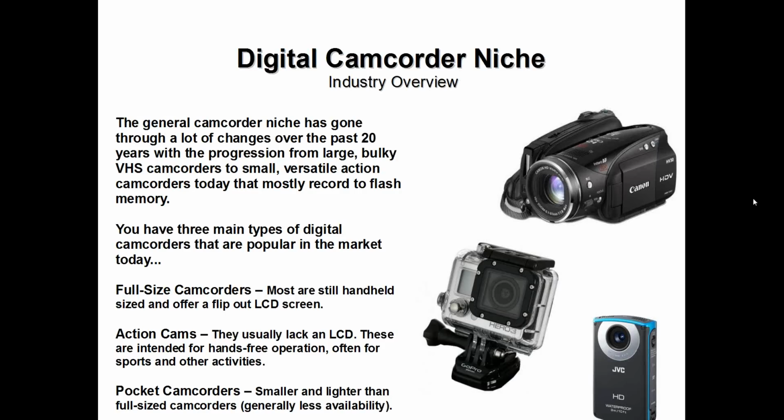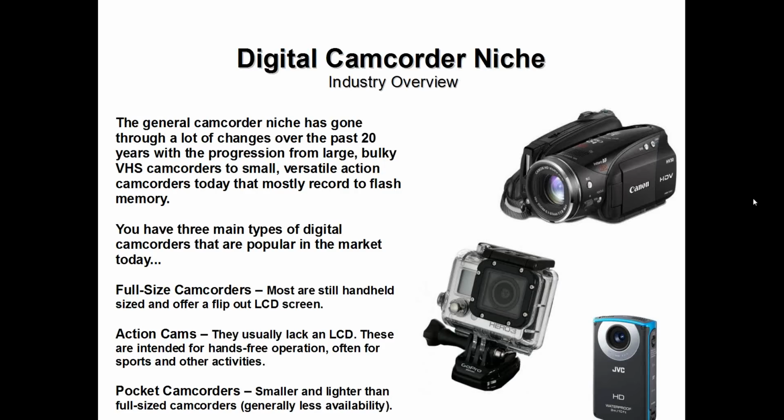Now I also want to talk to you about some of my recommendations for targeting this particular niche. Within any of these three types of digital camcorders that I was just discussing, you could easily find a way to narrow down that targeting to something with a lot more focus.